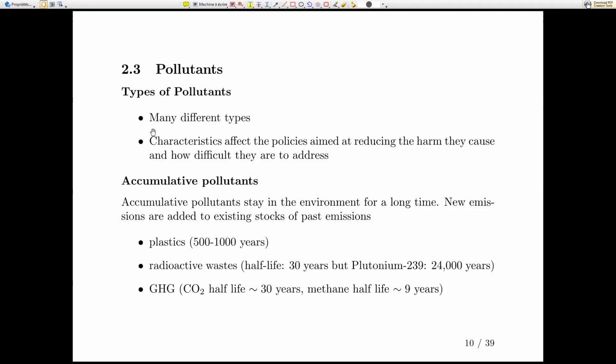Because each pollutant is different, and the characteristics of each pollutant dictate how we should be dealing with them and how harmful they are. And usually people do not necessarily have a good grasp on how bad or not so bad something is.